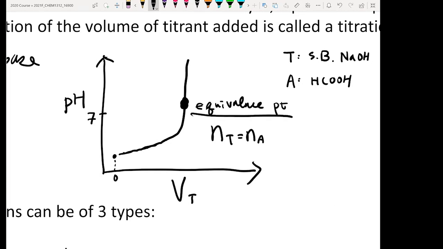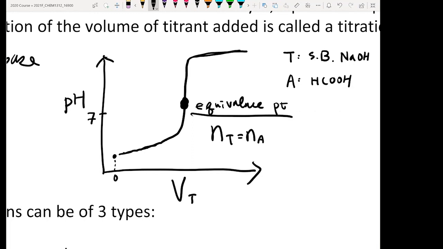Okay, so number of moles of titrant is going to equal number of moles of analyte. And then it's going to reach another plateau. Okay, so this will be a typical titration curve you should expect if you have a titrant as a strong base, and you analyze acid.